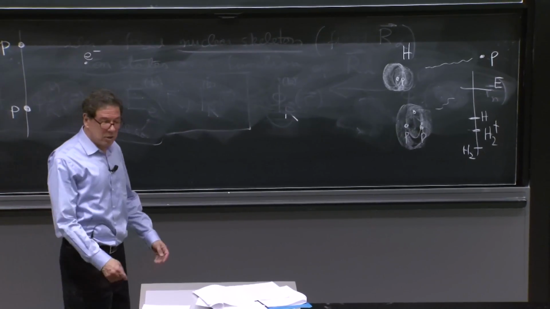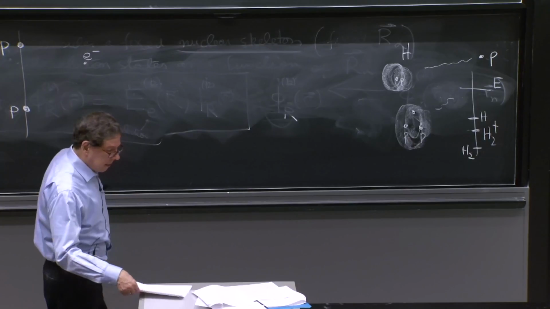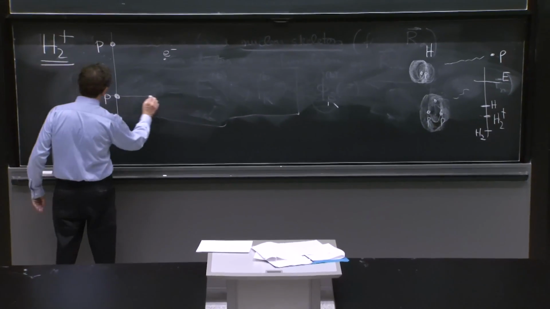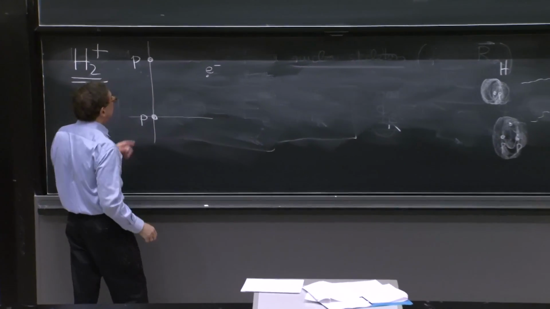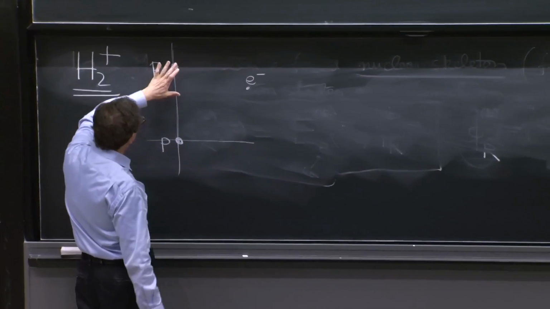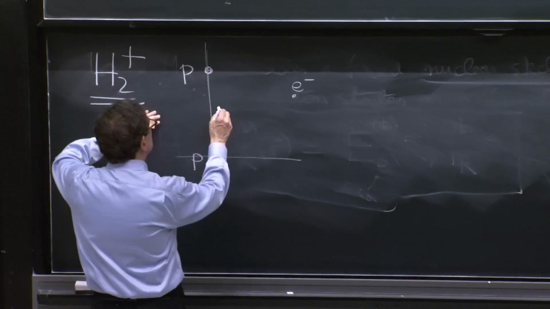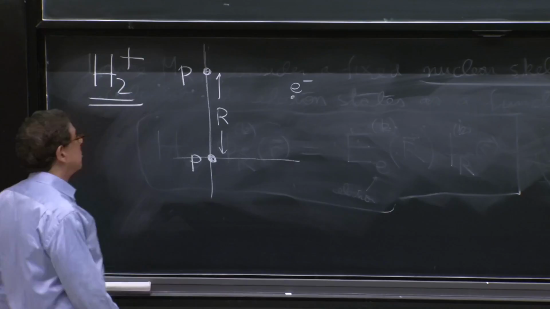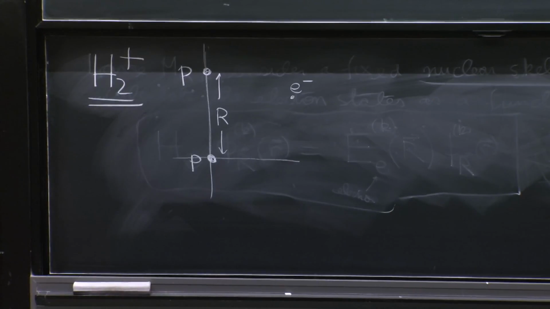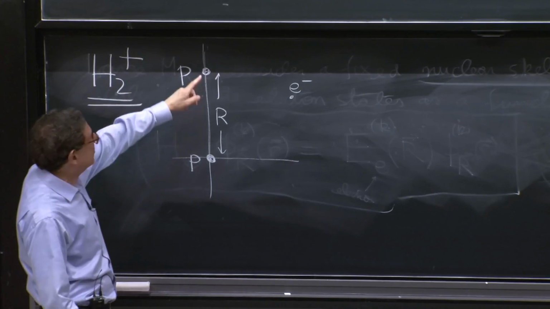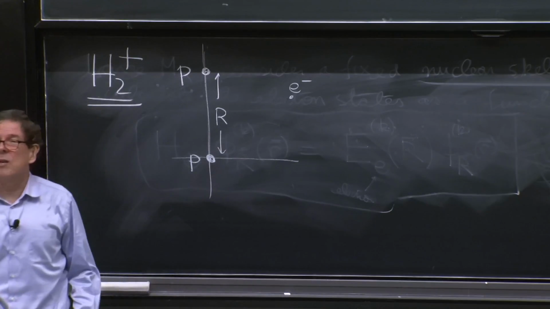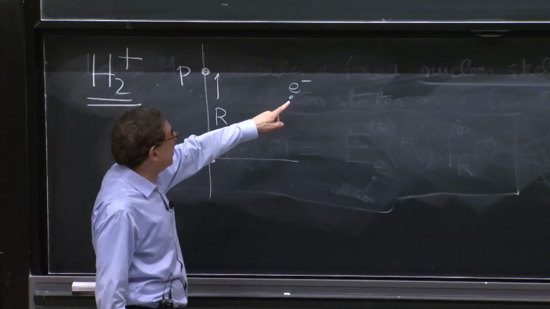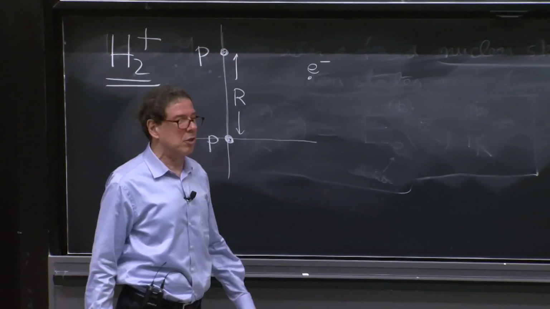So how does one solve for this hydrogen ion? Well, as we discussed, you first solve for the electronic wave function when the protons are separated at distance R. So we said fix the lattice. So here it is. The lattice is fixed. It's a separation capital R. And now I'm supposed to find the electron wave function.